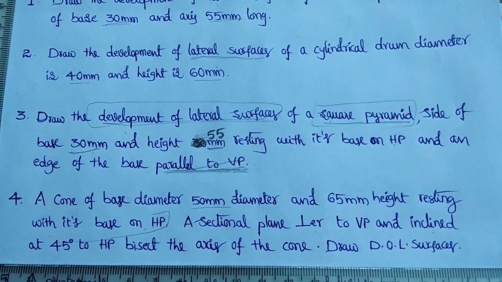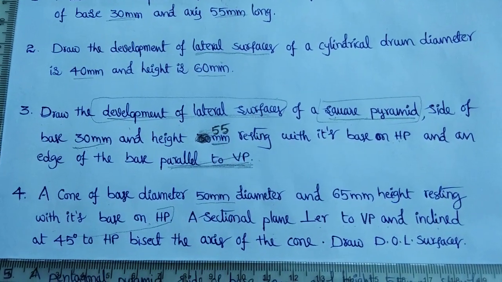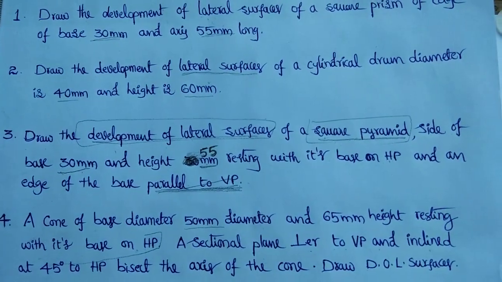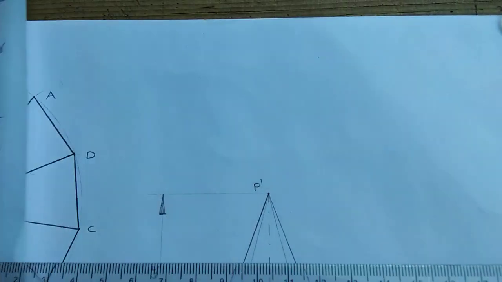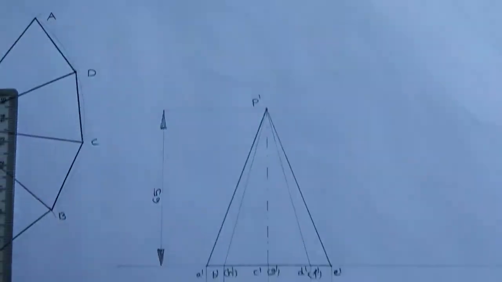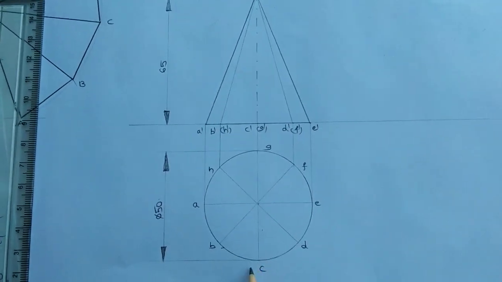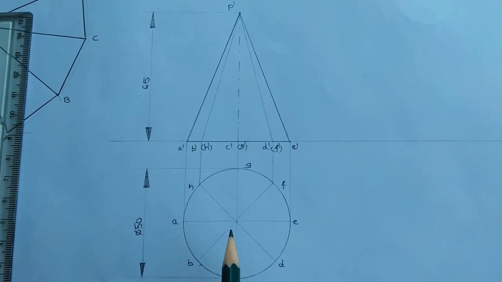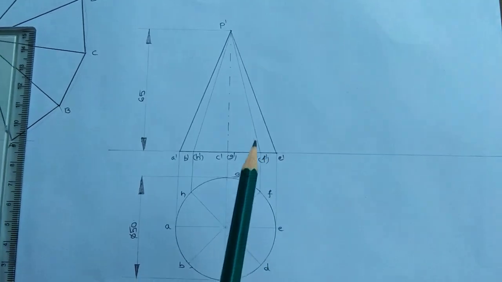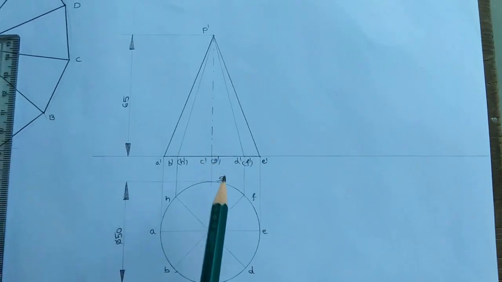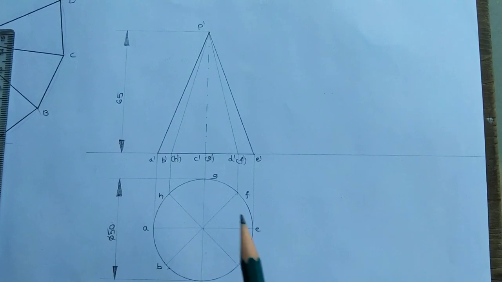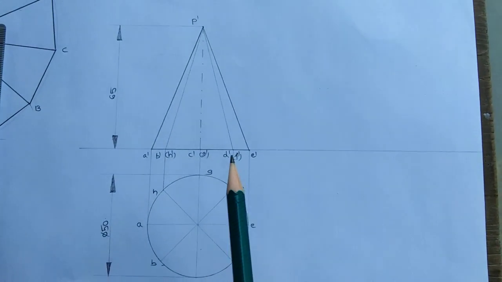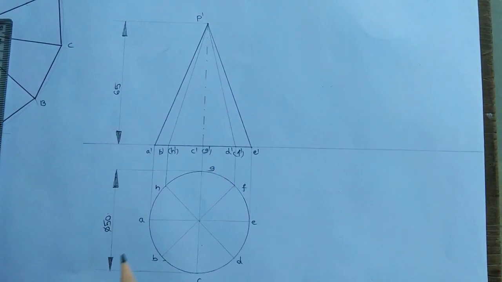Initially, we can construct the cone projections with an H pencil. In this way we can construct the projections of the cone. We can complete the development of the lateral surface of the cone with a 2H or H pencil, because our object is not a full cone, it is a truncated cone.